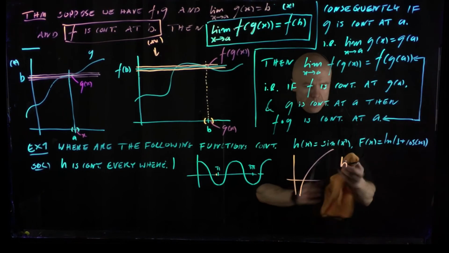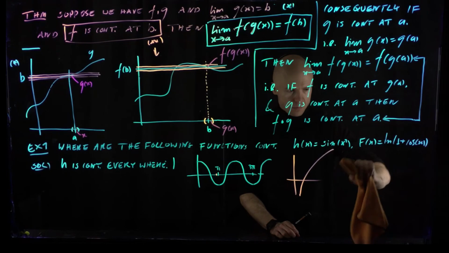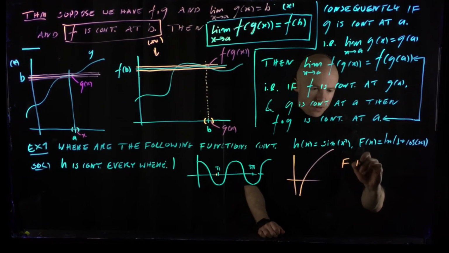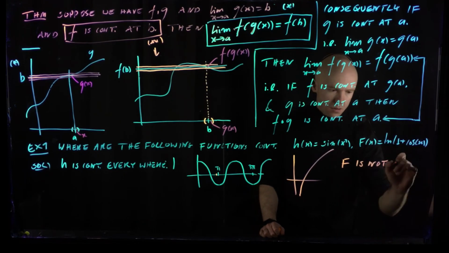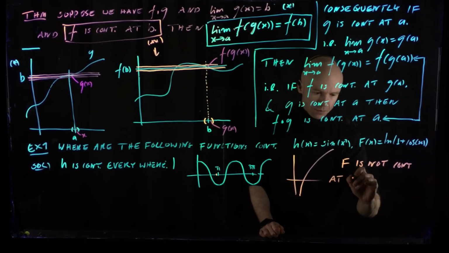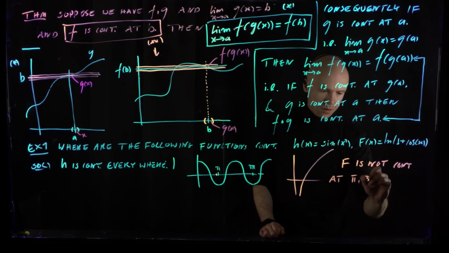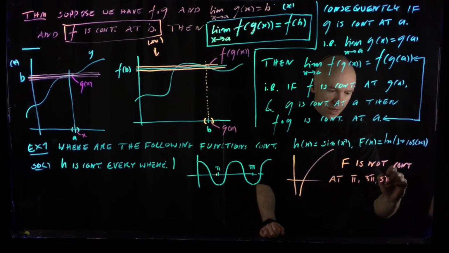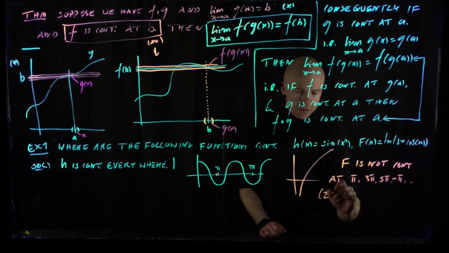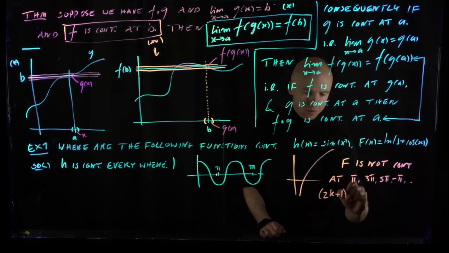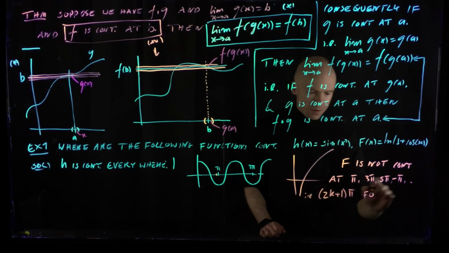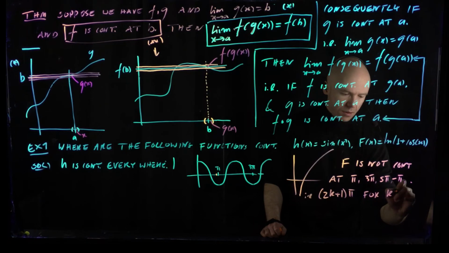We see that f is not continuous at pi, 3 pi, 5 pi, minus pi, and so on. In fact, we can write all of these odd multiples of pi as 2k plus 1 times pi for k an integer.